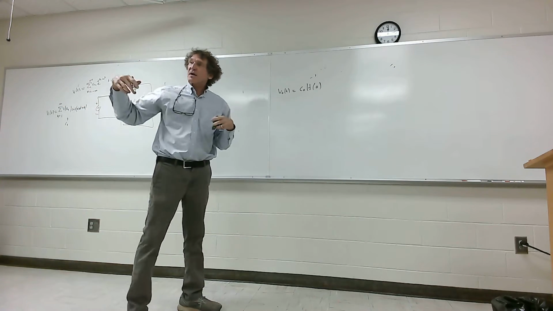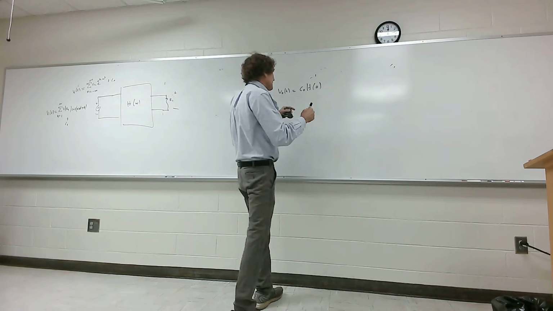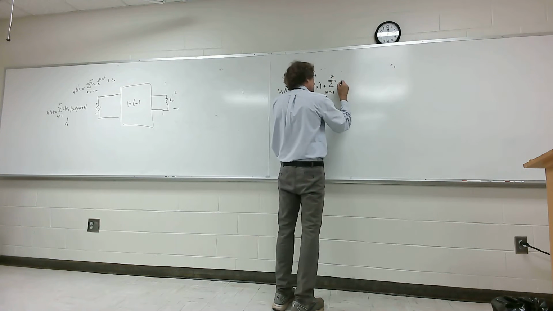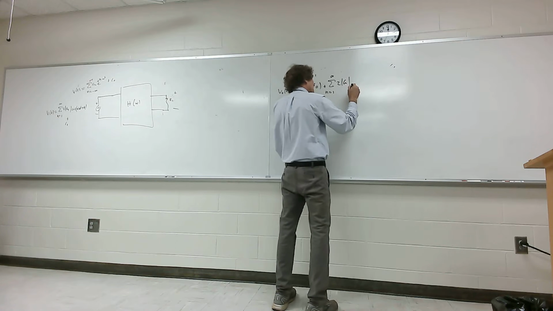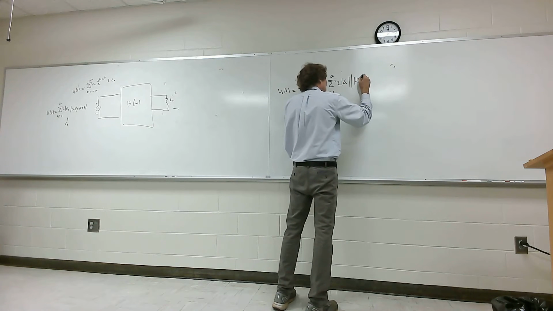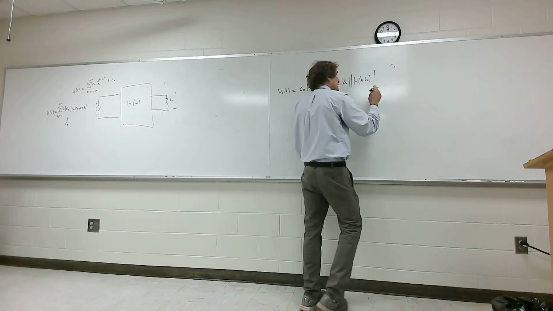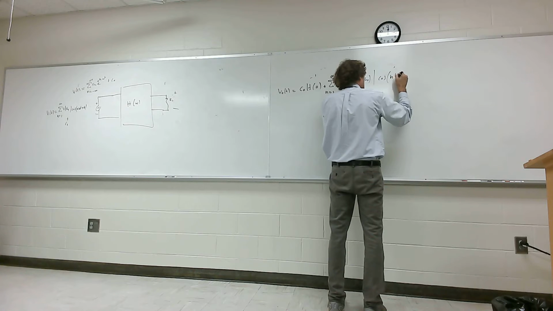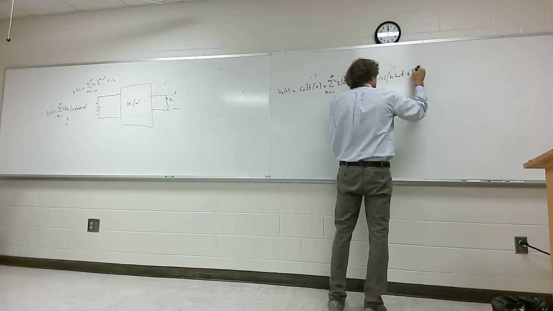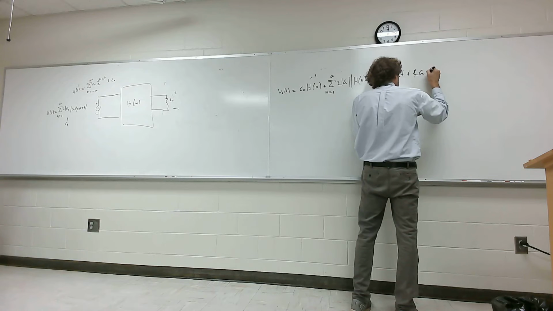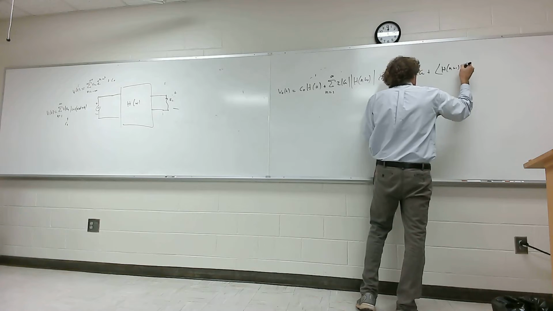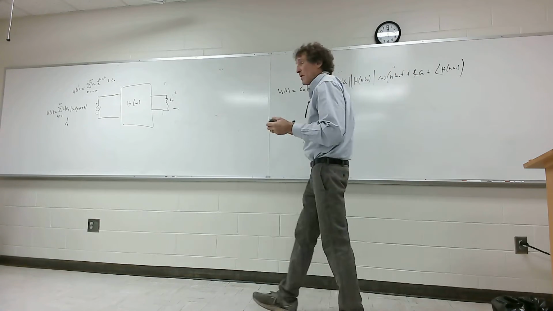So if it's a sinusoidal waveform, it's 0, but if it has an average, then it's going to be plus the summation from n equals 1 to infinity of 2 times the magnitude of C of n, times the magnitude of H of n omega naught, times the cosine of n omega naught t plus the phase angle of C of n plus the phase angle associated with H of n omega naught. Follow me on that, class?